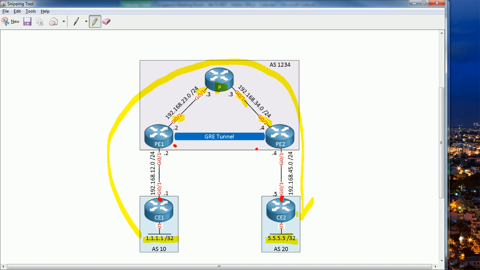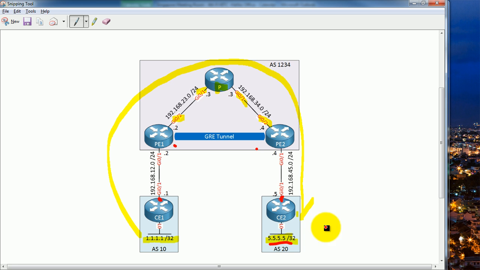Yes, it works. Why does it work? Keep in mind there is no IBGP on the P router. Normally this traffic should be dropped, since this router has no idea how to reach 5.5.5.5.